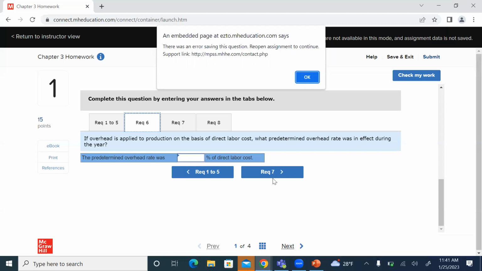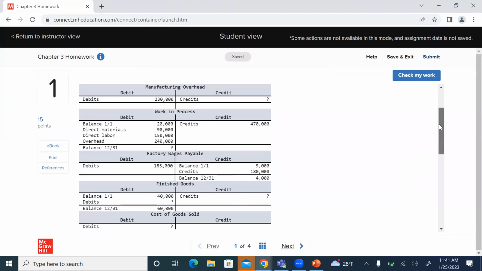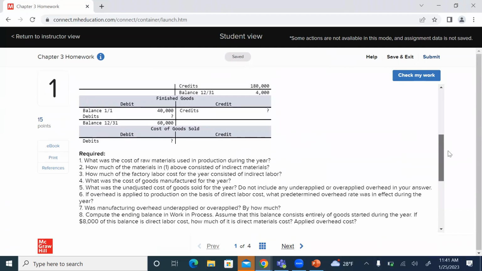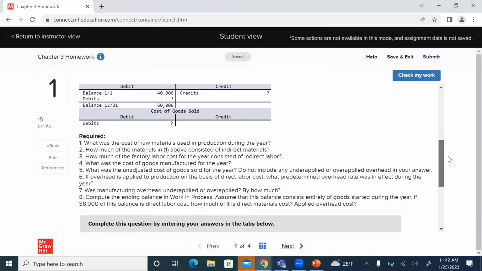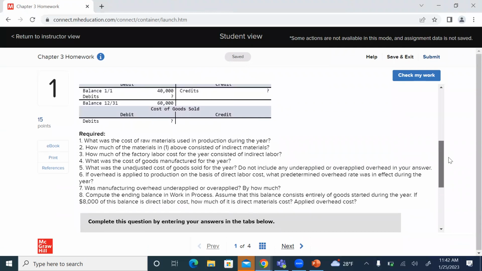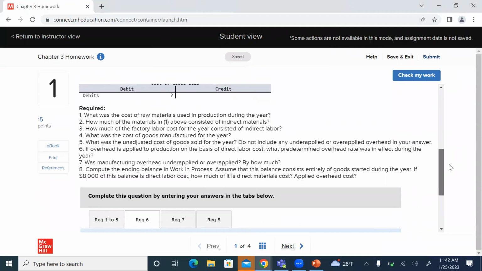So if we take our estimated total manufacturing times our estimated hours, let me see. What is the factory labor cost for the year? No, we got those. Number 6.